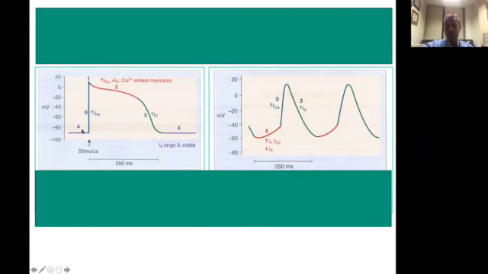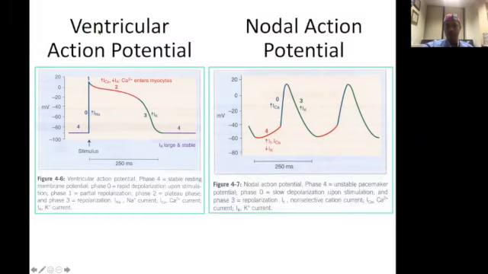So the big difference between the ventricular action potential and the nodal action potentials is in stage 4. In the ventricular action potential, you require a stimulus for you to have an action potential, as opposed to the pacemaker cells, where stage 4 is not stable. You still have influxes of calcium and potassium so that it will automatically generate an action potential without the need for an external stimulus.